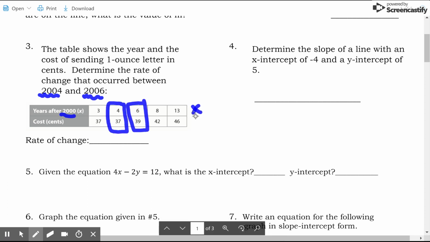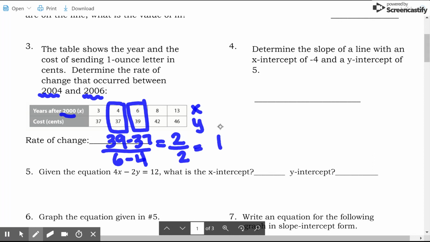So we have the difference of the y's is going to be 39 minus 37, which is 2. The difference of the x's would be 2 years, and 2 over 2 is 1. So what we are changing here is the cost in cents. So it's a 1 cent change per year.